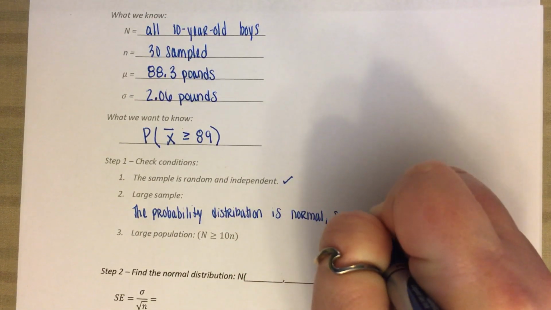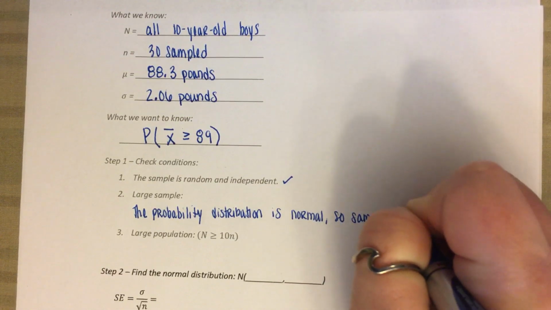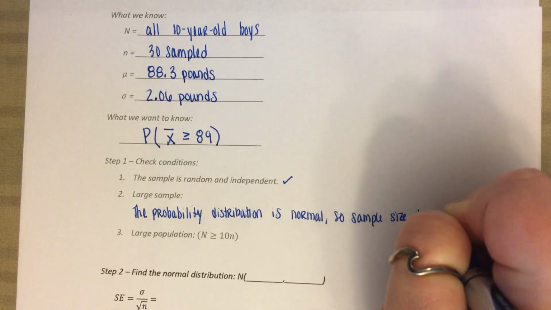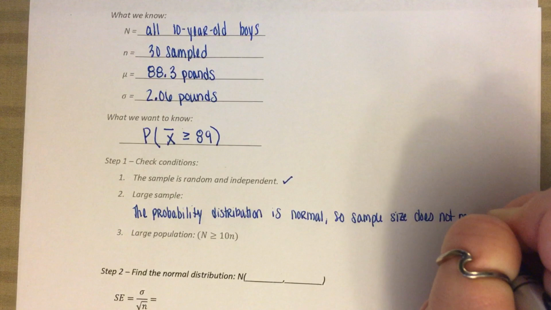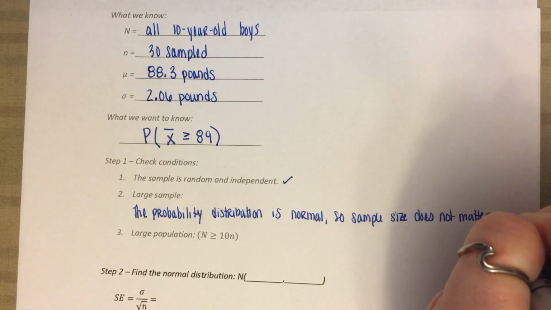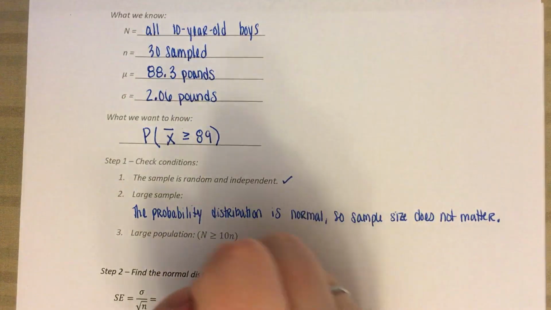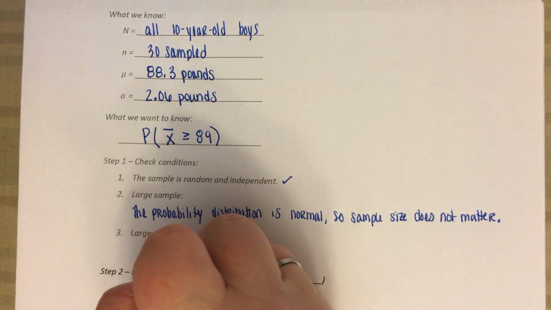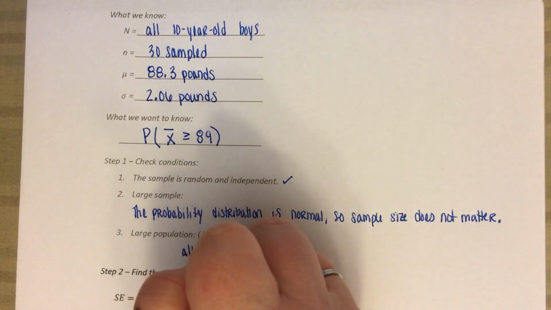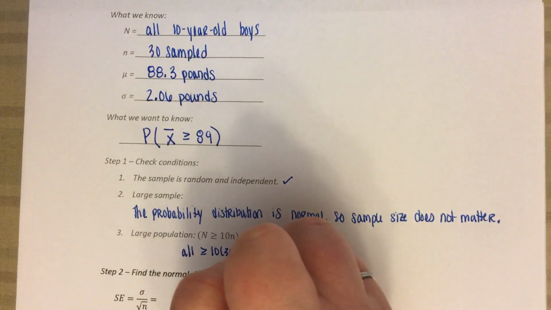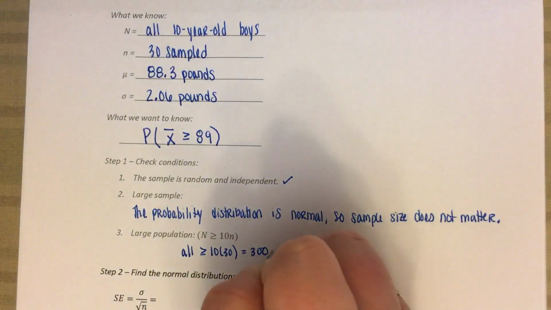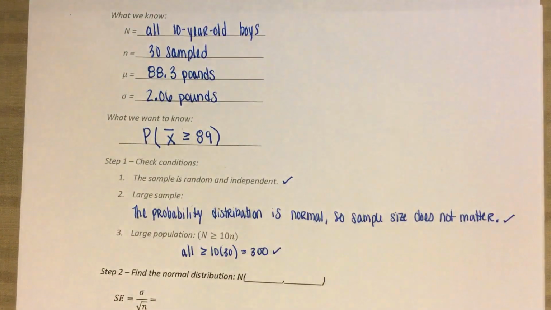So sample size does not matter. It is also above 25, but in this case we just need to check and see if it's normal. Our large population is greater than or equal to 10 times 30. Our population size is definitely larger than 300. So all three conditions are satisfied.